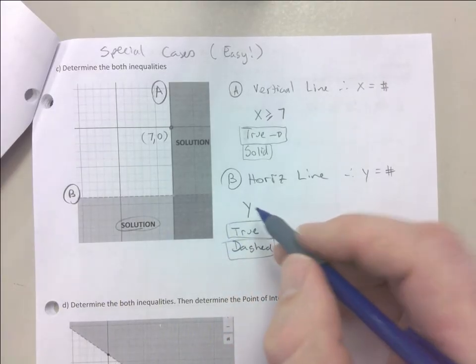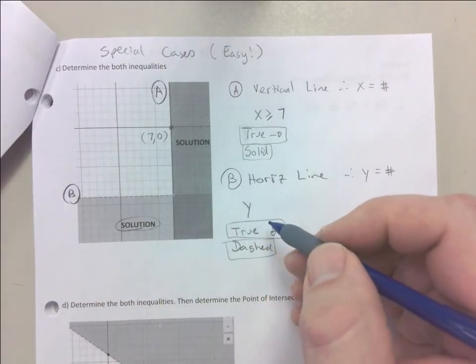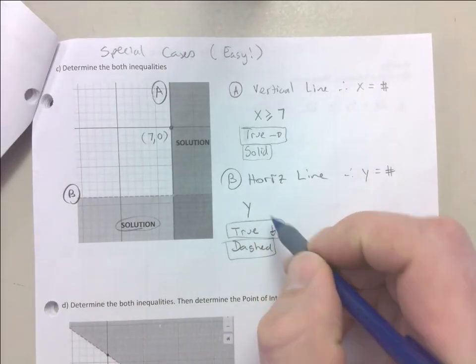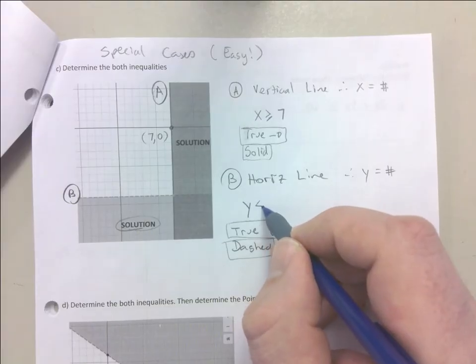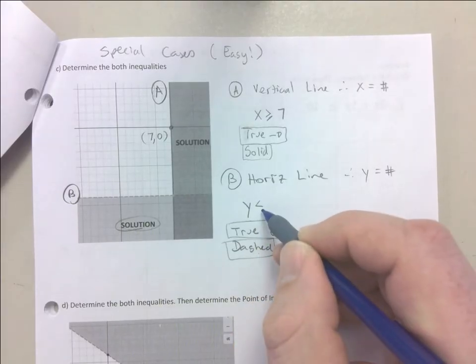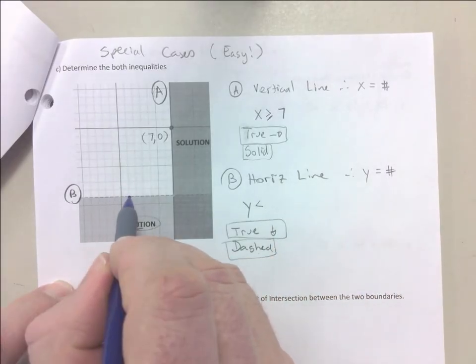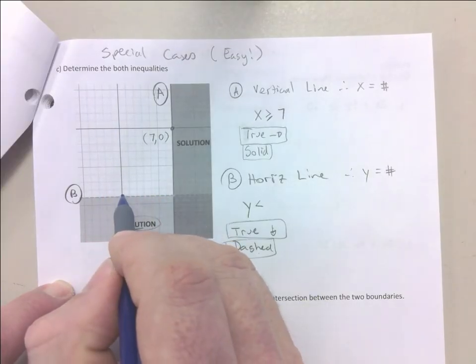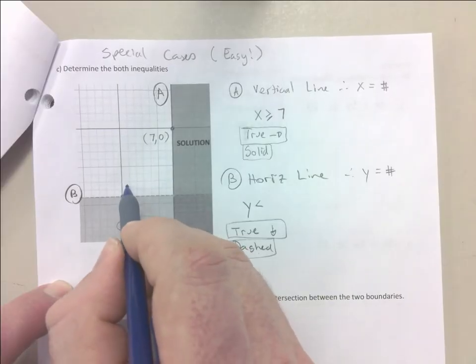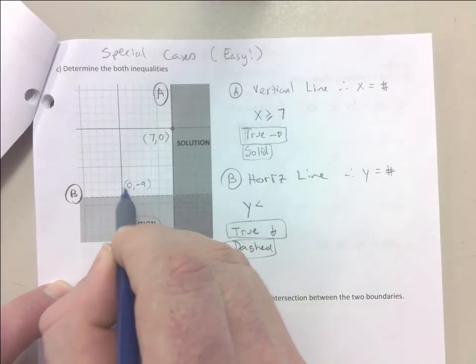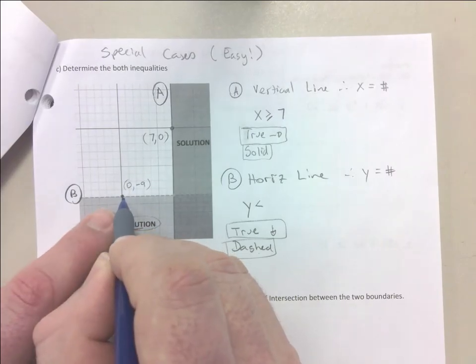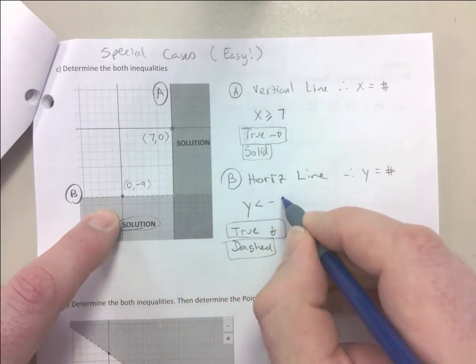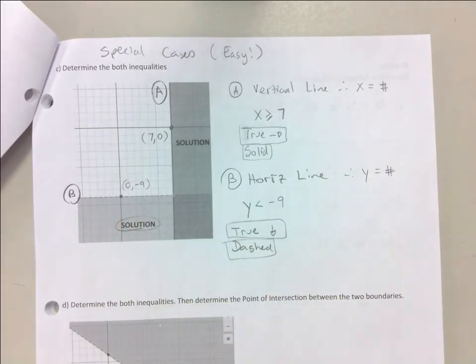So that means that you go to your study sheet and you see that if true is below, then I have to go like this. And if it's dashed, I leave it like that. And now I just have to figure out where it crosses my y-axis. So I'm going to go 5 and 4 is 9. Okay, at 0, negative 9 this thing crosses, so it's y less than negative 9 like that. And you've got your inequality.